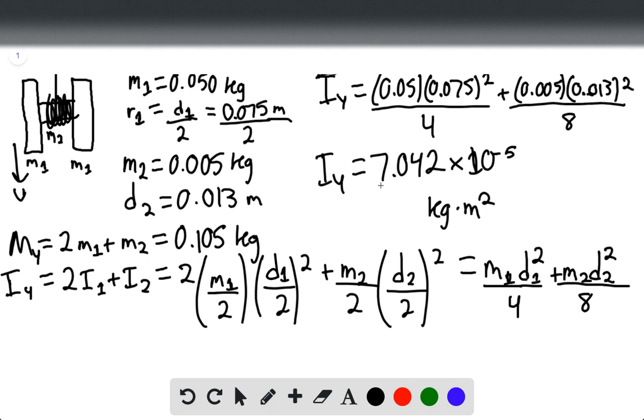So this actually is just the moment of inertia. This is not a solution or anything, but this is a very important value.